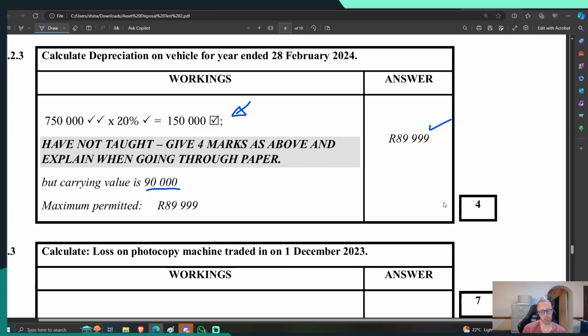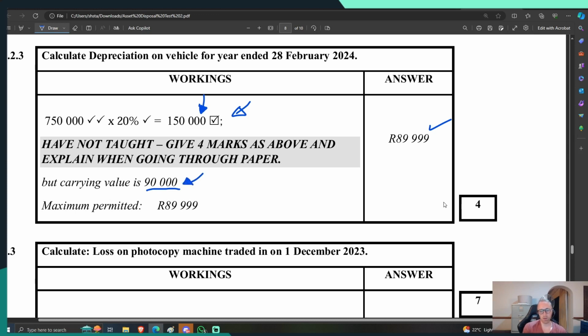But in accounting, we do not depreciate to zero. We can depreciate down to 1 Rand, which means we take the maximum depreciable value that is remaining. See, we wanted to do 150,000, but that's too much. The maximum remaining depreciable value is 90,000.